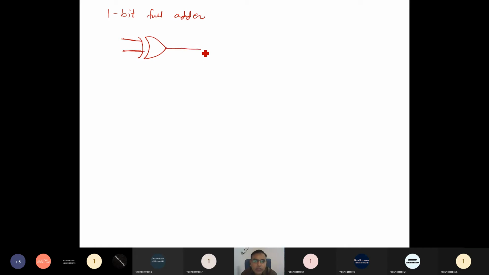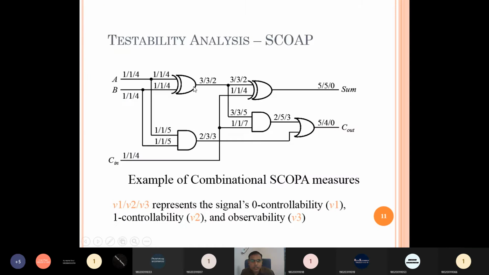And the output is with another XOR, and here it is an AND, and then an XOR and so on.